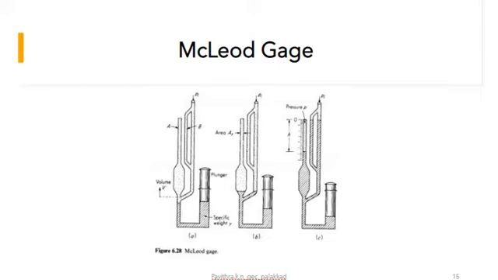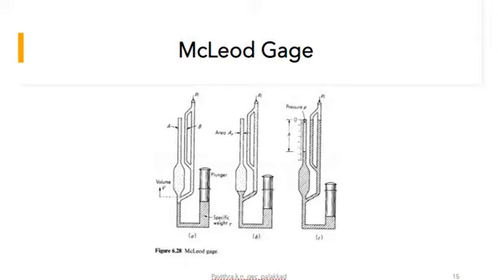By withdrawing the plunger upward, the mercury level is lowered to the position of figure A.